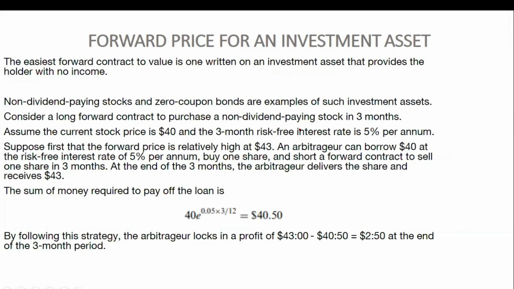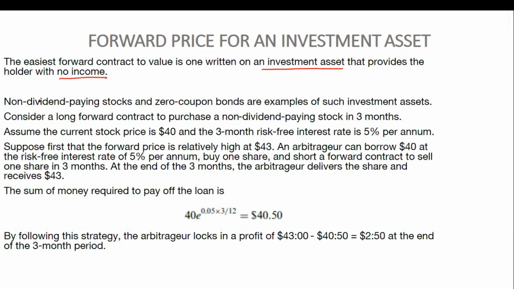Now let's look at the forward pricing. The easiest forward contract to value is, first of all, a contract which is written on an investment asset, not on a consumption asset. And second, up till maturity, it should provide no income to the holder of the contract.